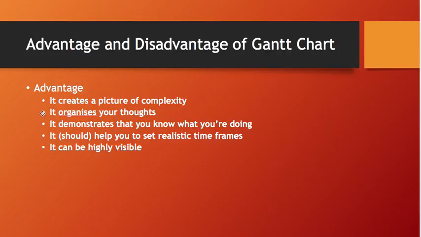It demonstrates that you know where you are going, like what tasks have been done and what tasks should be done in the future, and it helps you set realistic time frames.